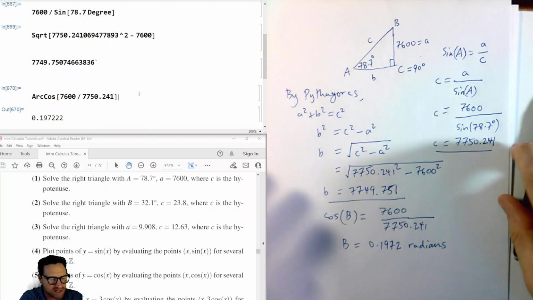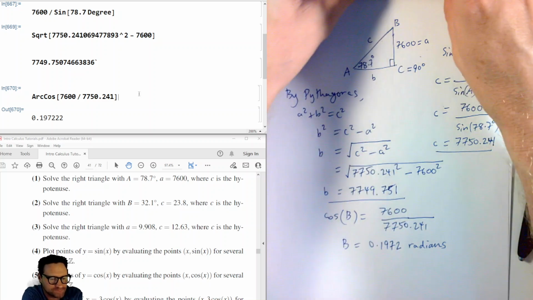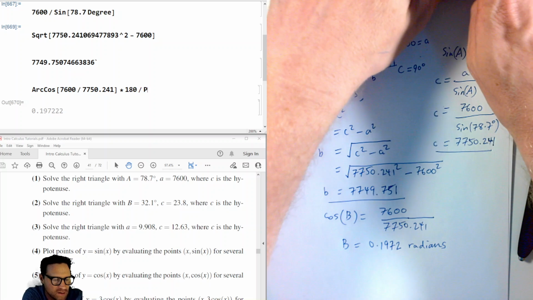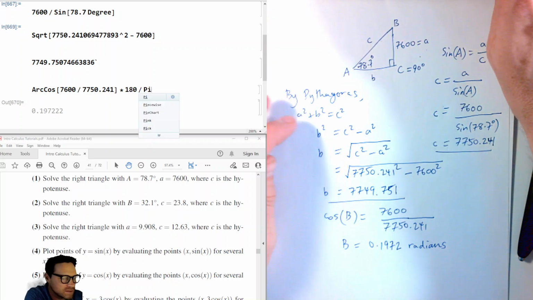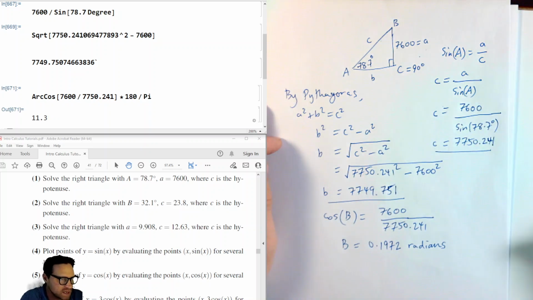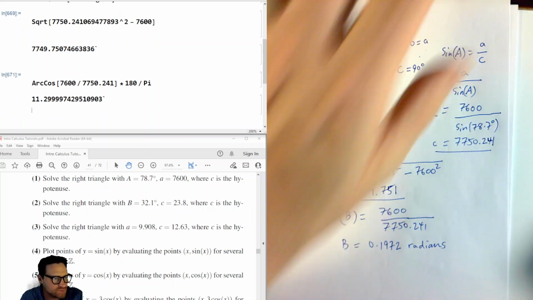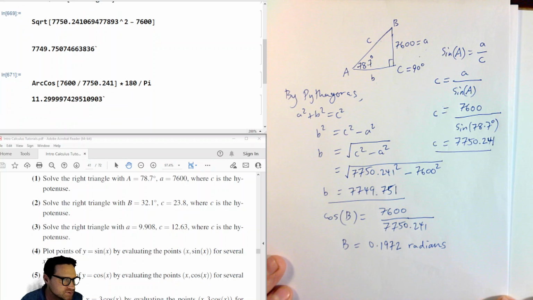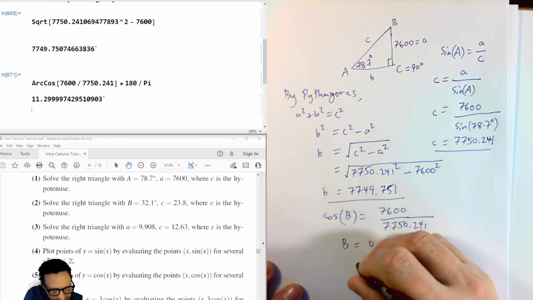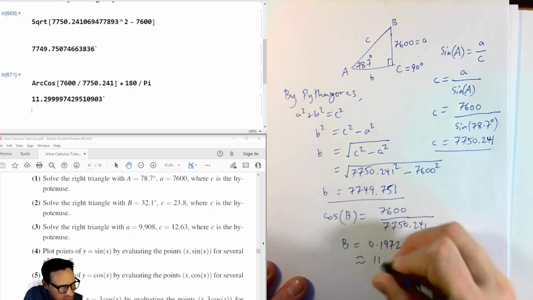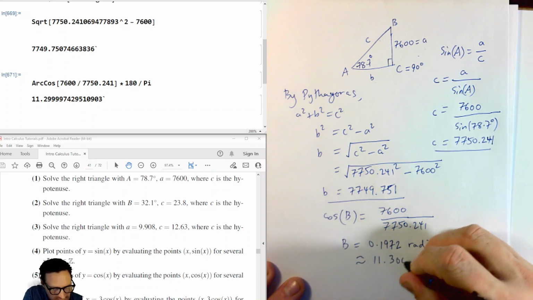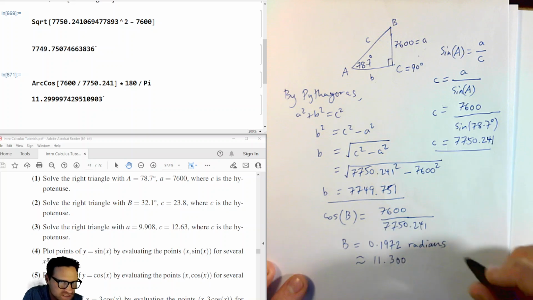So to do that, I need to multiply by 180 degrees divided by pi radians, so that my radians unit cancels. And so we get 11.3 or 11.2999, but that does give us 11.300 if I round that to 3 decimal places.